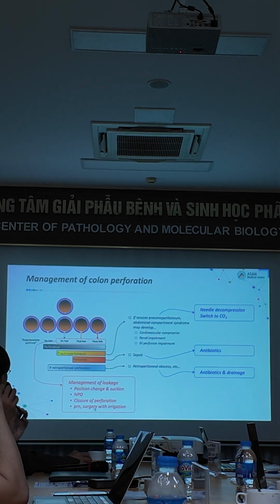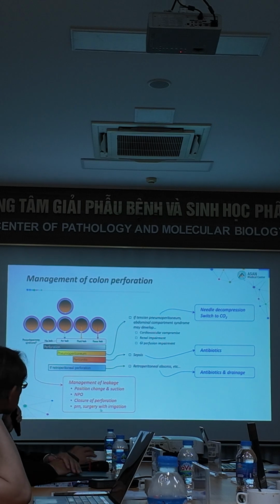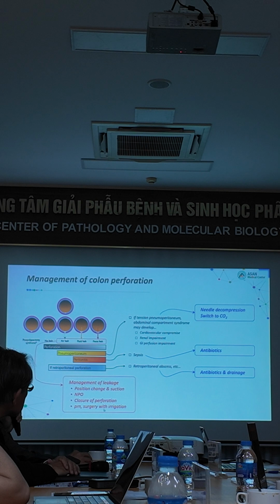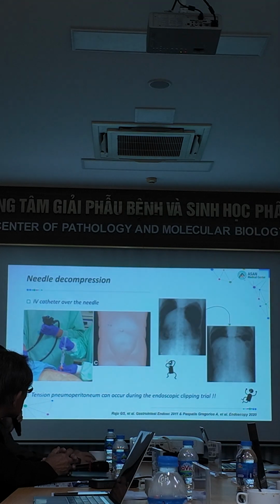But if there was already a significant amount of fecal material leakage into the peritoneal cavity, then endoscopic closure cannot interrupt the progression of peritonitis even after successful endoscopic clipping. So in this case, surgery should be considered for irrigation of already leaked fecal material.